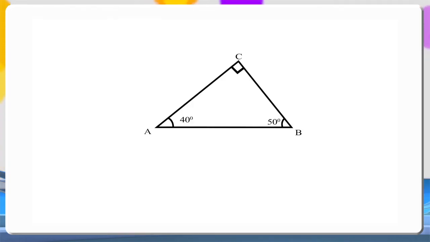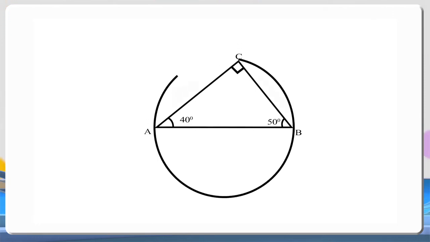Now take a look at this right triangle. The angles are 40, 50 and 90. If we draw a circumcircle, the hypotenuse will be the diameter of the circle, because angle in a semicircle is 90. Assume that the diameter is a centimeter. While applying the equation of length of chord, that is 2r sin C by 2, you will get AC equals a sin 50.